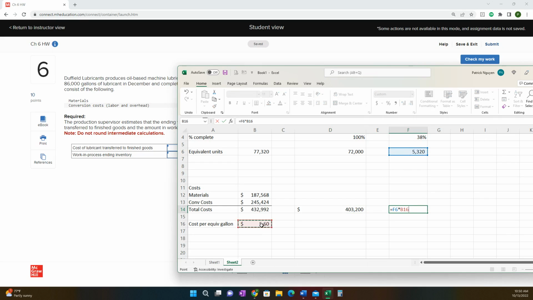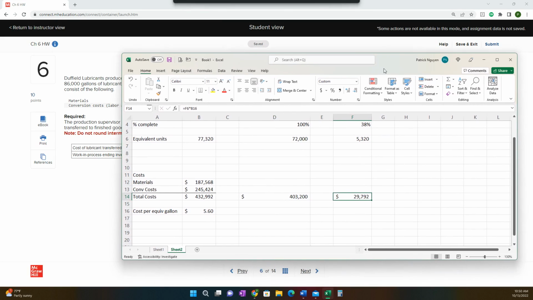And so if we highlight these two numbers, Excel tells us at the bottom what they sum up to, which is 432,992. That equals the total cost that we calculated earlier. And so we know that we did our calculations correctly.